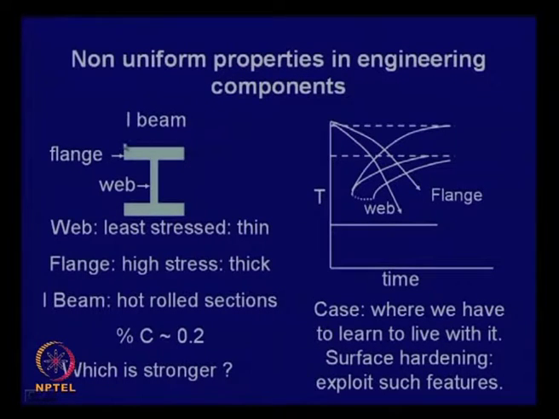This rolling is done at quite a high temperature. The steel is at maybe around 1200 to 1100 degree centigrade. It is rolled into this section, and after that it is air cooled.